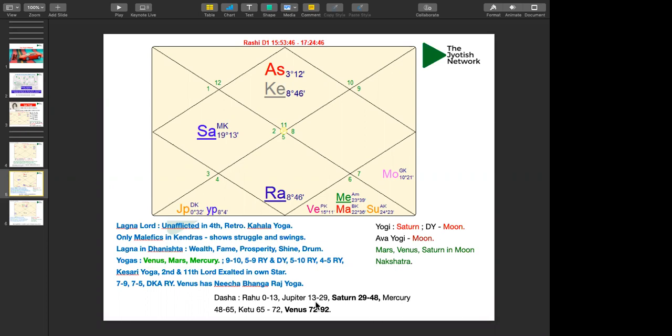He then enters Jupiter from 13 to 29. So he's going to finish college and start getting into work, the early years of work, and try to find what to do. Now we see Jupiter in the sixth, of obstacles, difficulties, challenges, and that's what the person goes through.